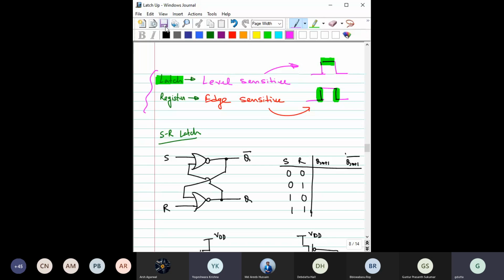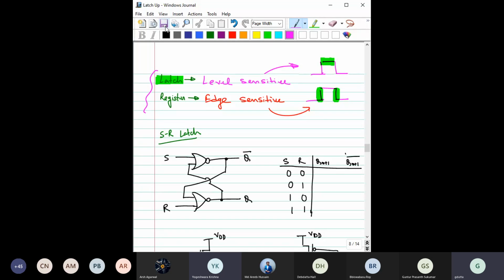Then let me ask you one thing. Is a flip-flop edge triggered or level triggered? A flip-flop can be both edge triggered and level triggered, so there might be one confusion there.